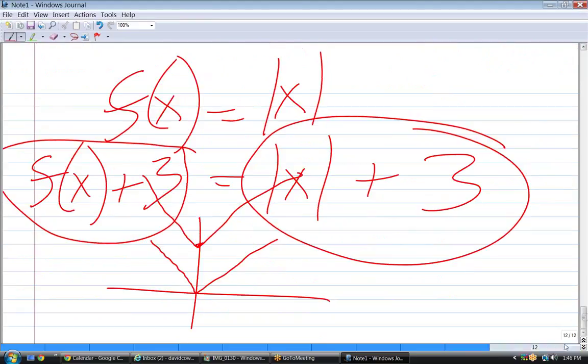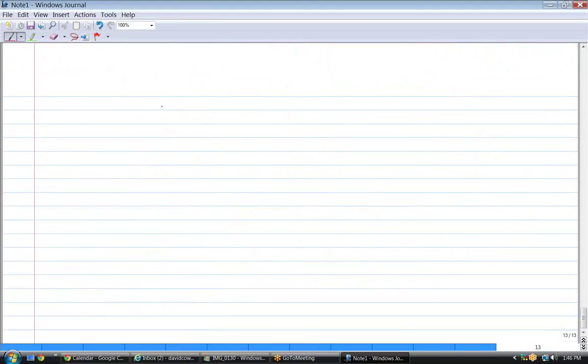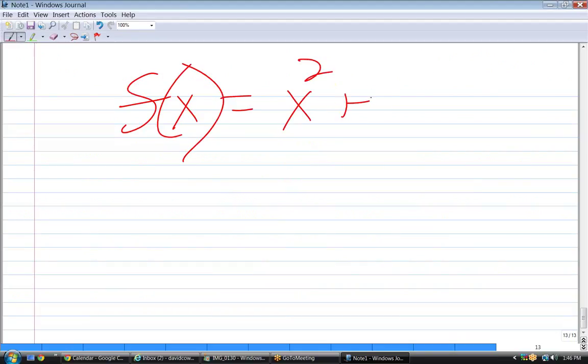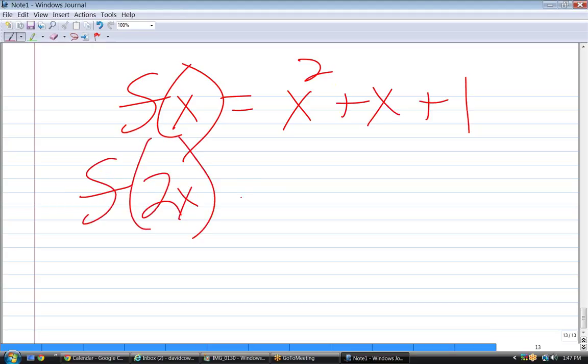It's kind of like, in other words, f of x isn't always absolute value of x. In this case, f of x is this. Okay? More complicated. Now, if I said to you, what is f of 2x, what would you do?